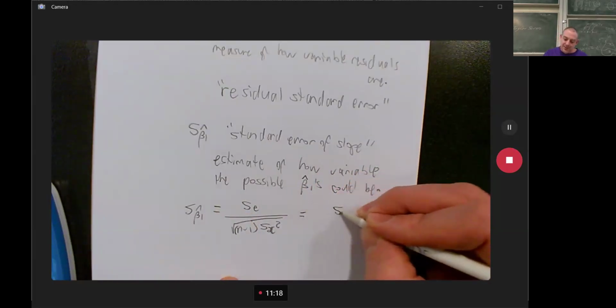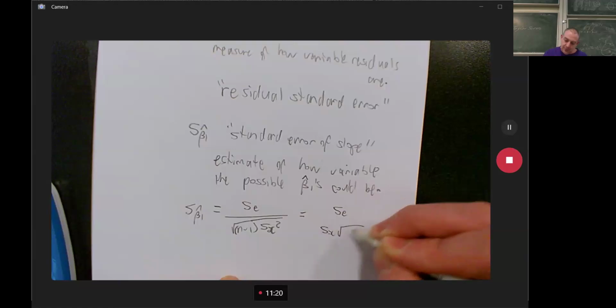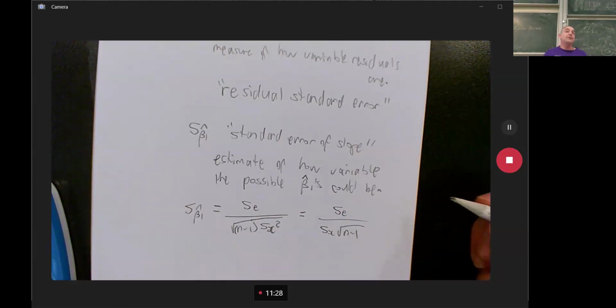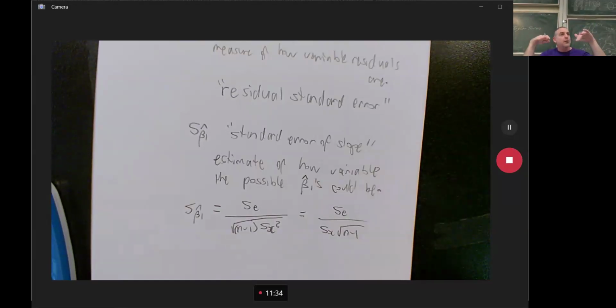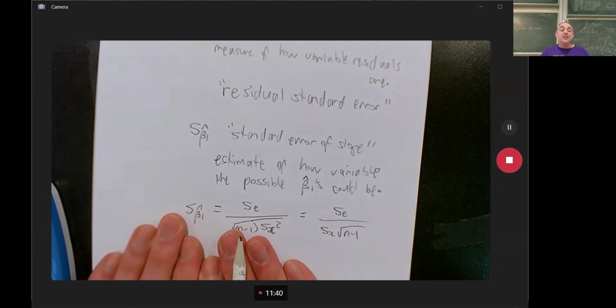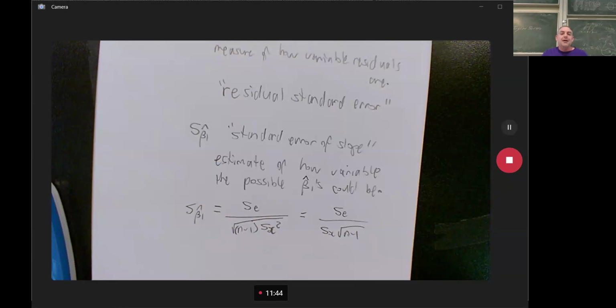So this is the same as SX root n minus 1, like that. Whatever. I suppose officially you calculate the variance before you get the standard deviation because you have to do all the squaring and then you square root. So maybe this makes more sense, but whatever it is. So this is the standard error of beta hat 1. And if you've got Excel, it'll calculate this for you, right? You don't have to worry about any of that.